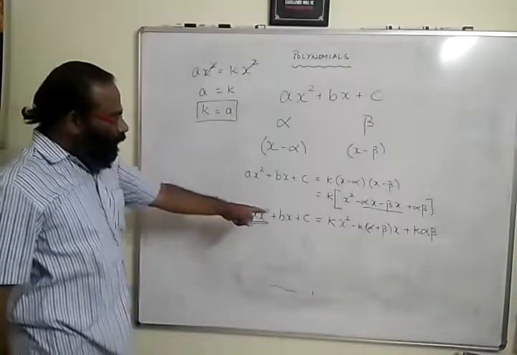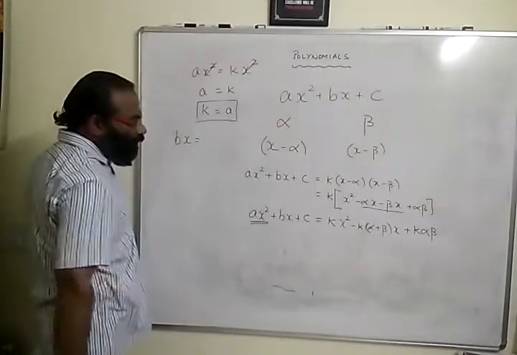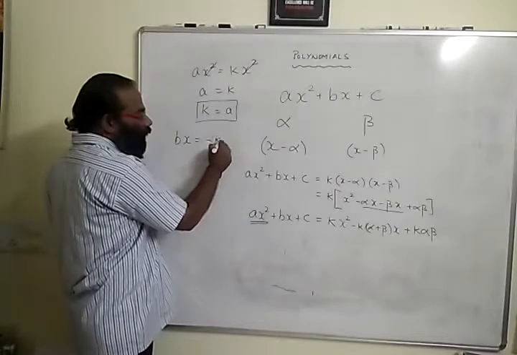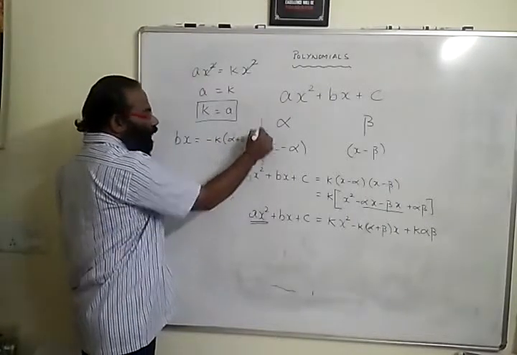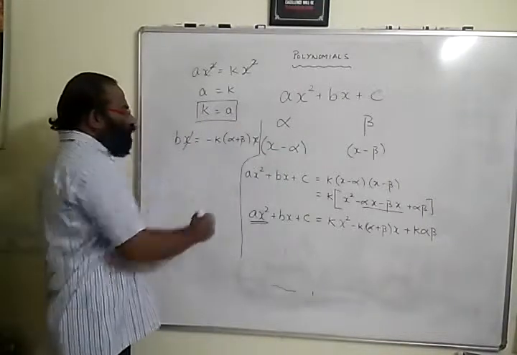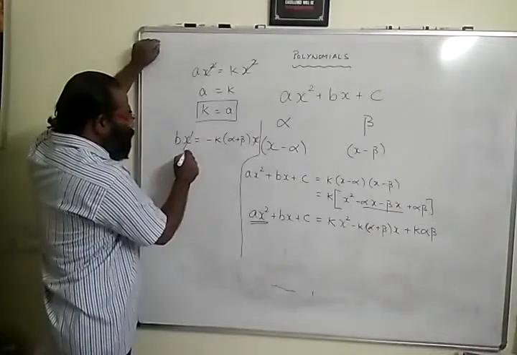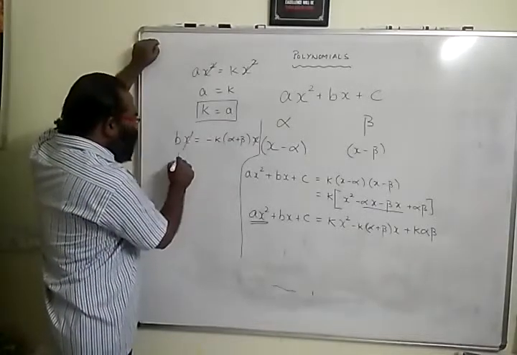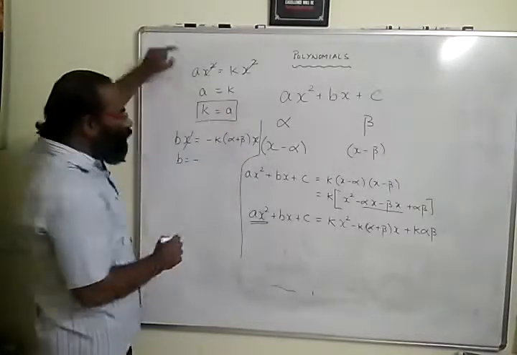Next, I have bx equals minus k into alpha plus beta into x. Then I cancel the x out and I get b is equal to minus, instead of k I am going to substitute a.